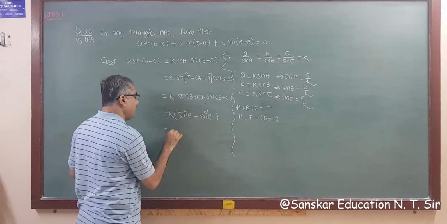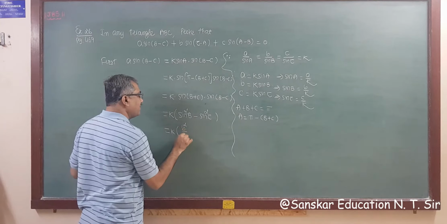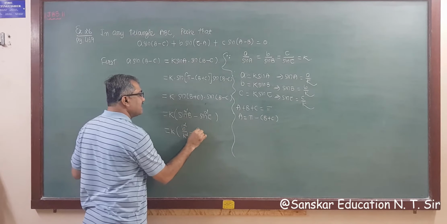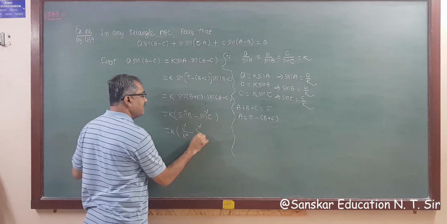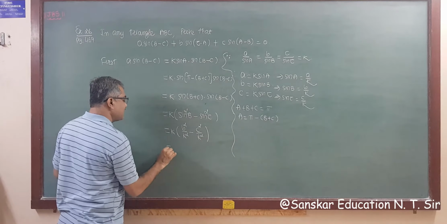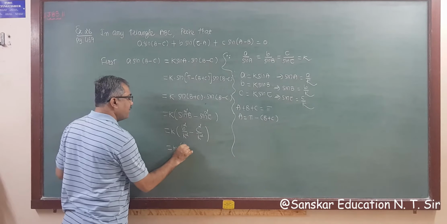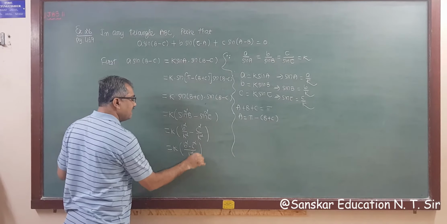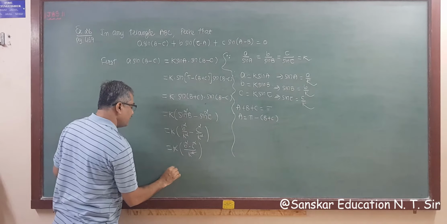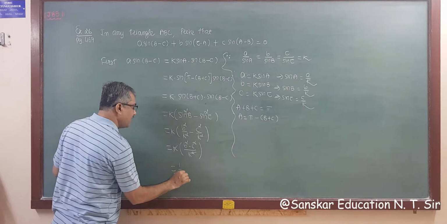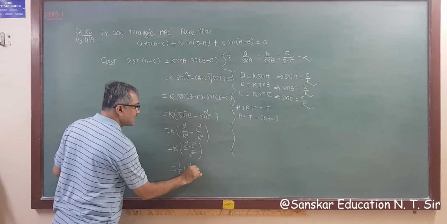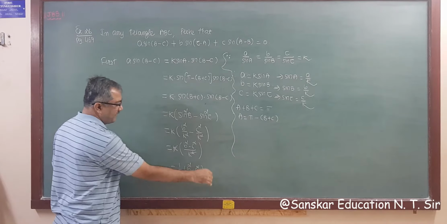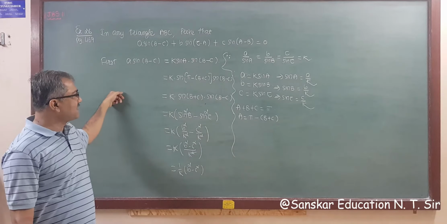So this is K times (b squared upon K squared minus c squared upon K squared), which is K (b squared minus c squared) upon K squared. So K will be cut, and your answer will be 1 upon K into (b squared minus c squared).